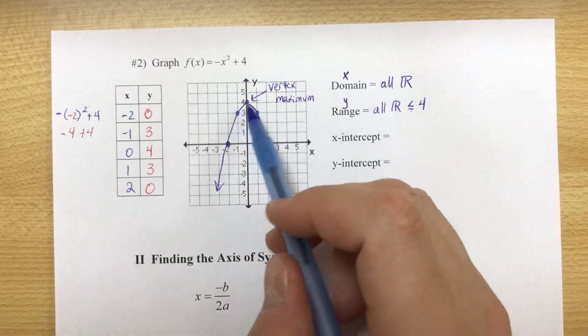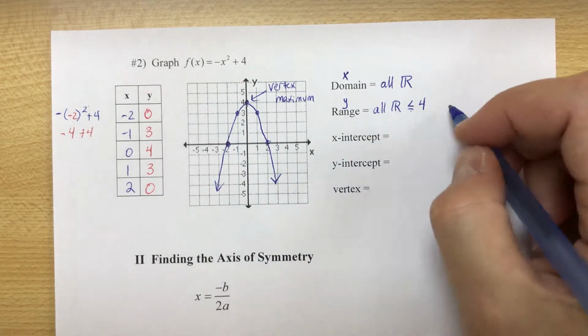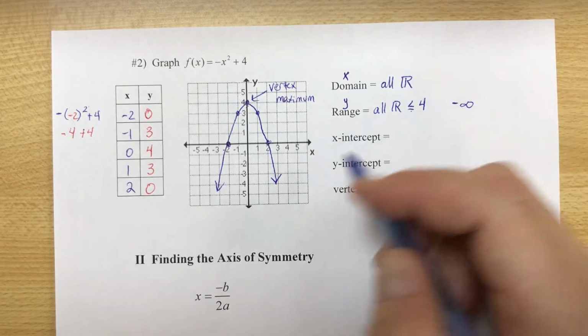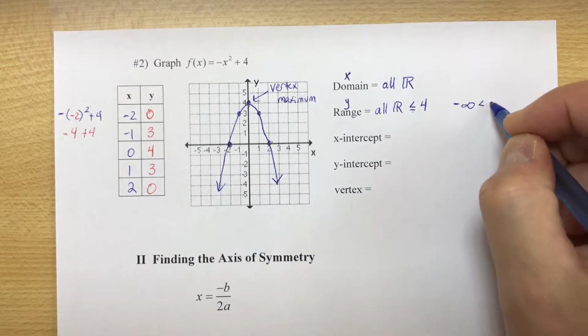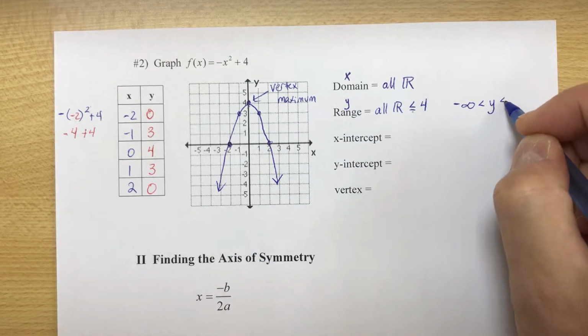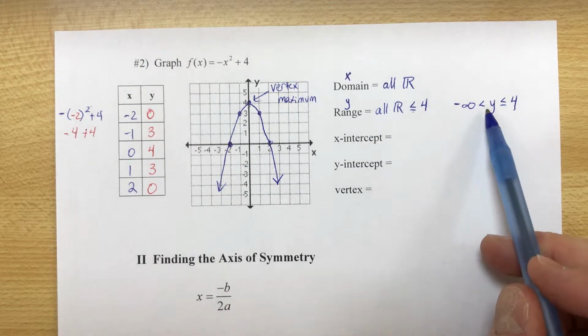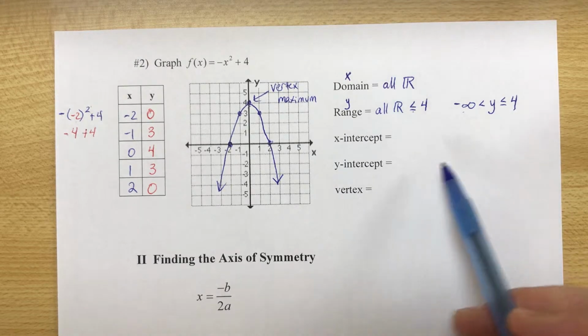And again, equal because this value, 4, is part of the range. If I write it as an inequality, I would say -infinity, because it goes all the way down, is less than y is less than or equal to 4. When I write the inequalities, I always go from low to high.